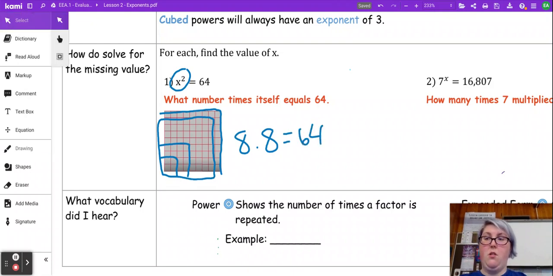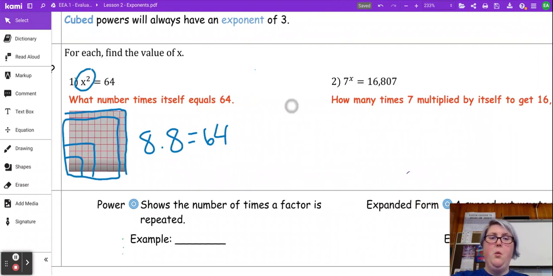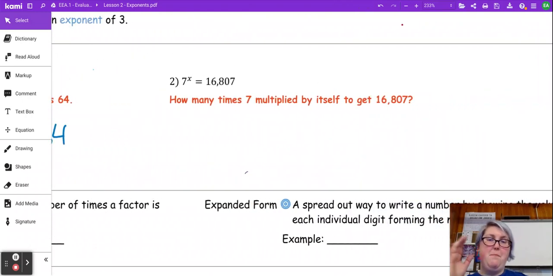So this is for when we don't know what number it is. What about if we know the base, the number, but we don't know the exponent? How many times is 7 multiplied by itself to get 16,807? Ooh, that's a lot.